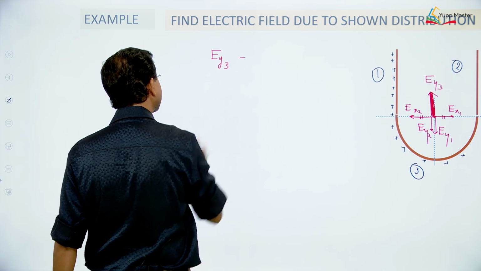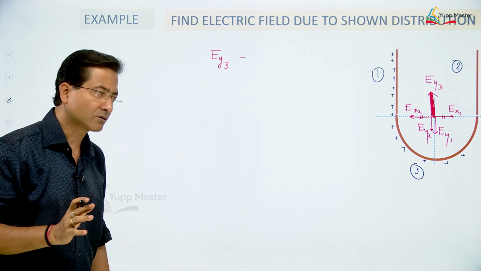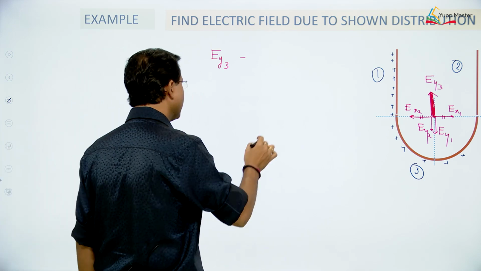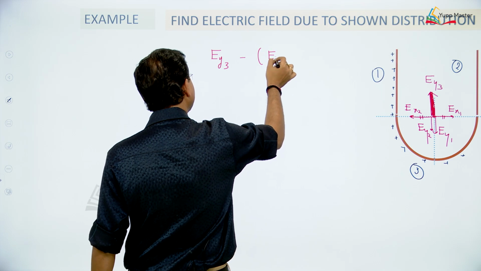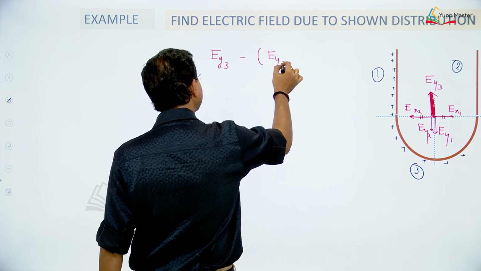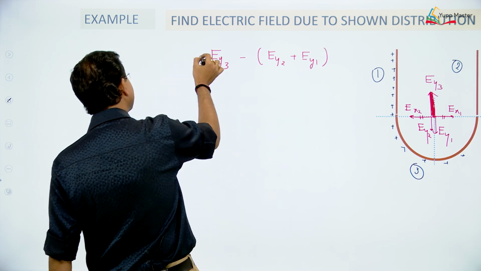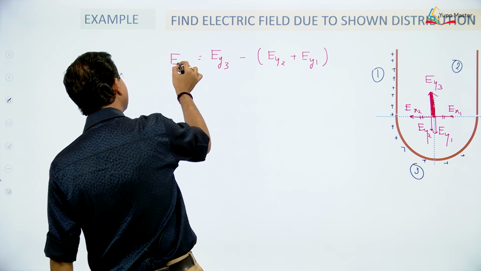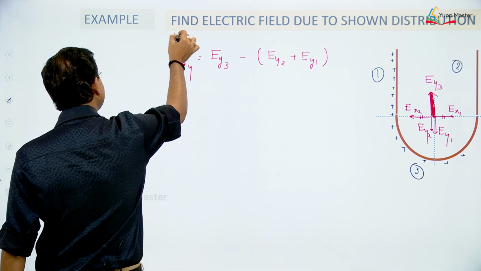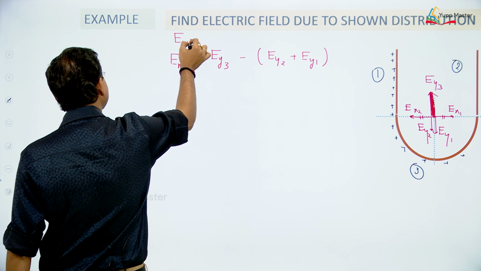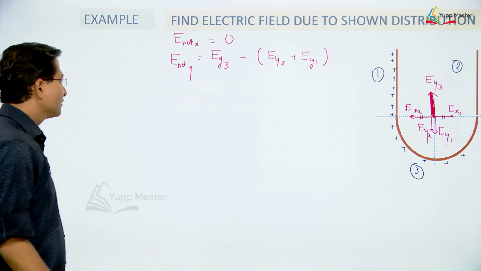Now, what I can do, I can directly subtract the y components because they are in opposite direction. I am just writing components, now I am writing magnitude, right, and as these 2 are in opposite direction I can write Ey2 plus Ey1, that will give me the net field in the y direction, and we know that there is no field in the x direction, net field in the x direction is 0, right.